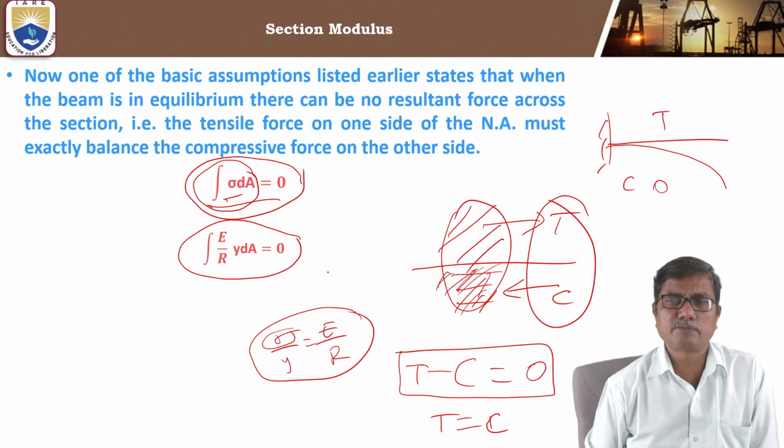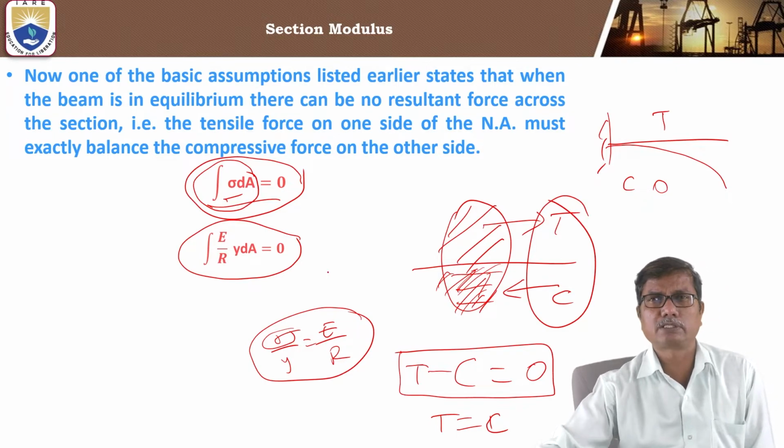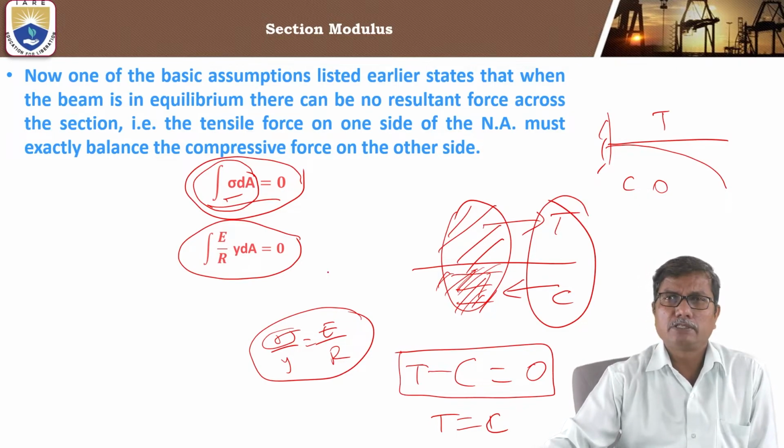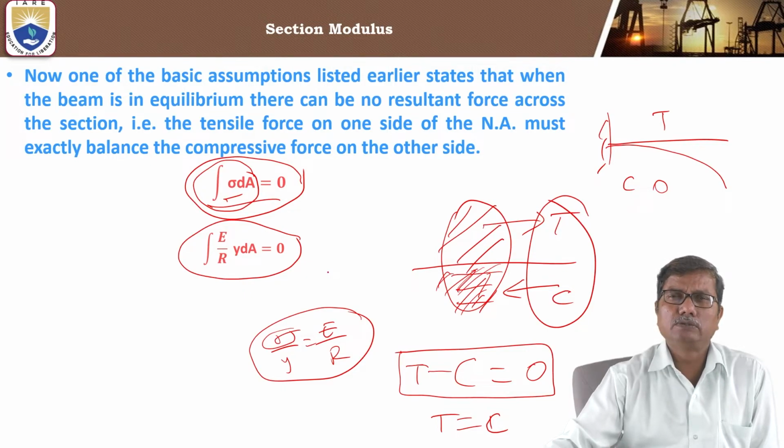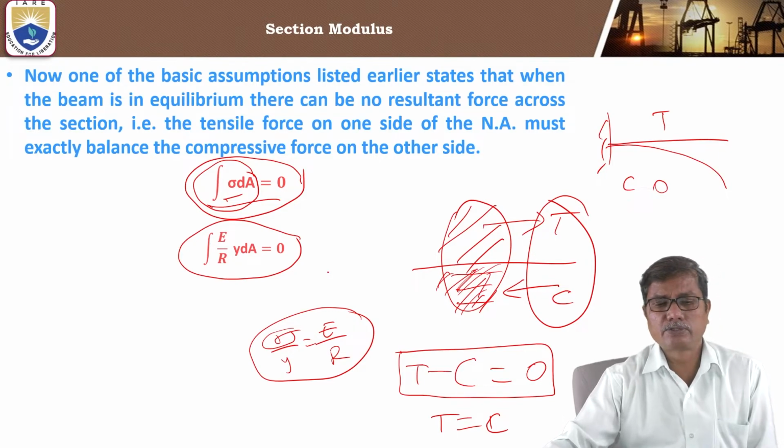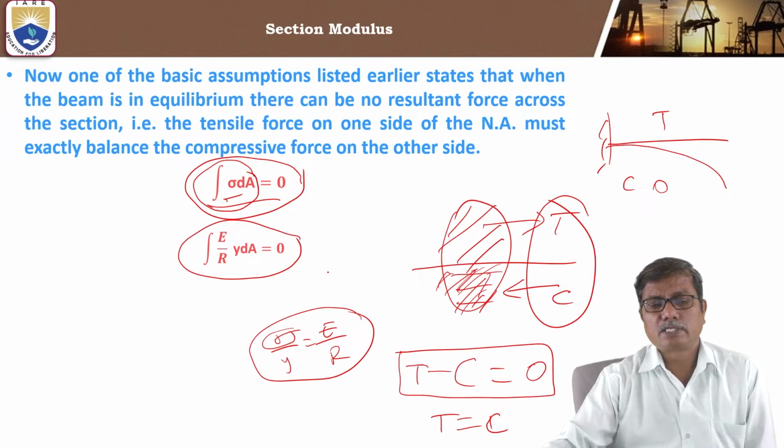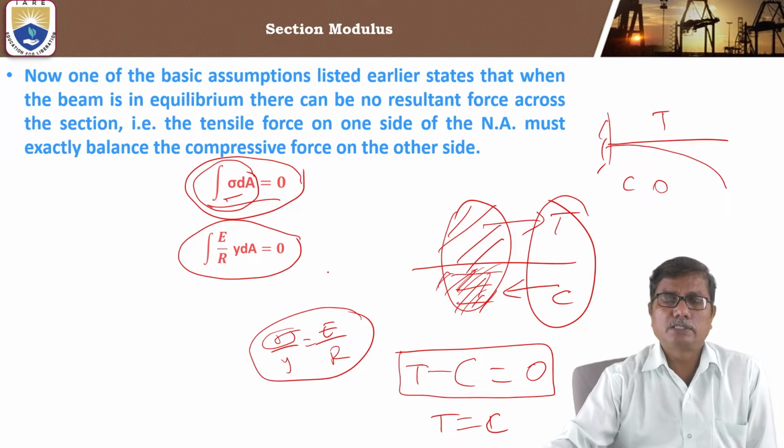E is a material property, Young's modulus, so it is a constant. And R, the radius of curvature, depends on the loading. As the load increases, the radius also changes. So the radius for the given loading is constant.